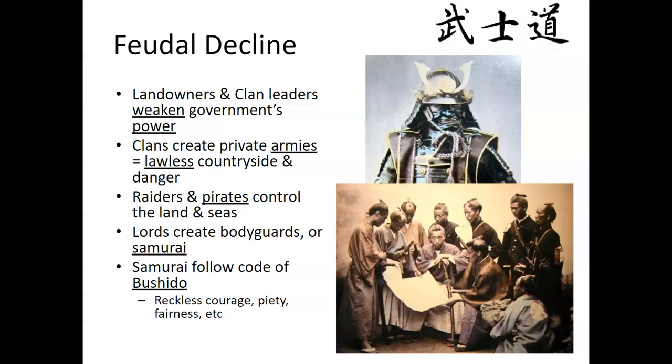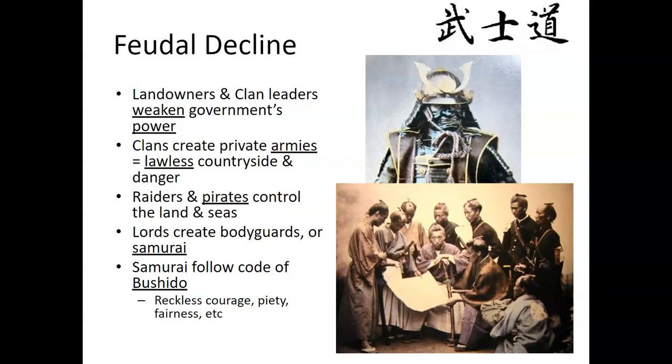Compare samurai with European knights in this case and why they're developed. And the samurai, as we know, are a very strong, fabled set of warriors that are very skilled. Primarily, the reason the samurai are able to become these famed warriors is because of the warrior culture that's developed in Japan, the environment that's going on, and then you have to add in the fact that the traditions in Japan under Shinto are that you live a very strict way of life to certain rules.